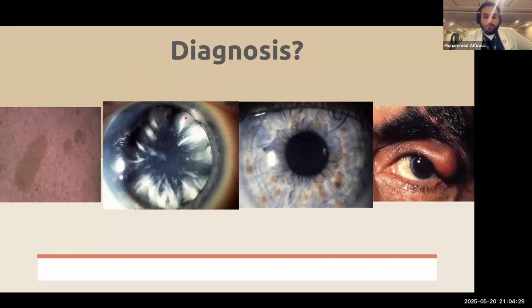So what is this? Lens is opaque. Cataract. What is this in the skin? This is high yield. So this is cafe au lait spots. So we have cafe au lait spots, cataract, plus Lisch nodules, plus this angiofibroma.